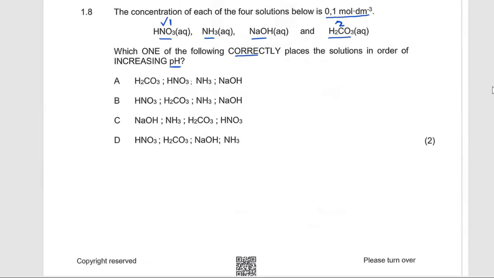Then after that, now we're having NH3 is our option 3. Then the last one, which is more basic, the strongest base there is our sodium hydroxide, right? So according to this list there, we're going to match with A is incorrect, then B starts with HNO3, then followed by H2CO3, then NH3, then your sodium hydroxide. So our option B is going to be the correct answer. Then these rest are incorrect.